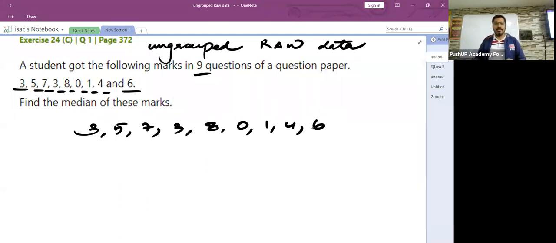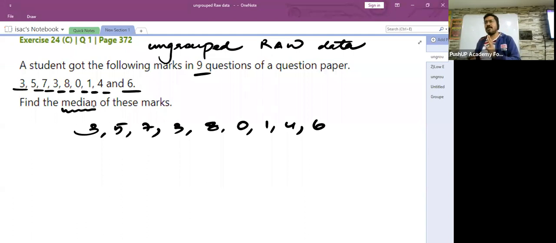Now they are asking us, find the median of these marks. Children, when I started teaching you arithmetic mean, I told you one important statement. That is, arithmetic mean is what? A value which comes somewhere in the middle of the arrangement of the terms or the observations, isn't it? Here also, median gives you somewhat similar kind of answer.